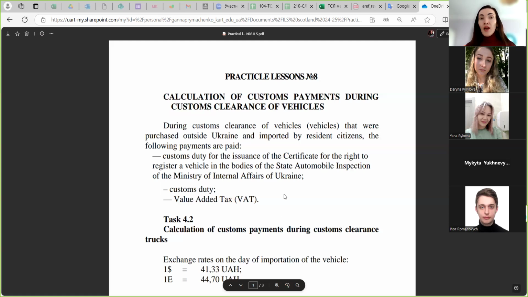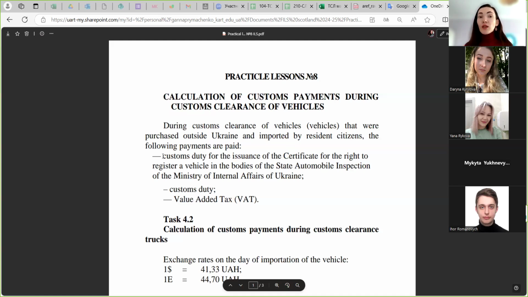Okay. When you write it, I remind you of the information about customs payment. During customs clearance of vehicles that were purchased outside Ukraine, so we can buy some vehicles outside of Ukraine and drive them to Ukraine, we calculate for these positions. When imported by resident citizens, the following payments are paid.